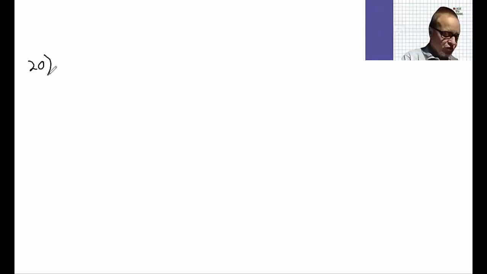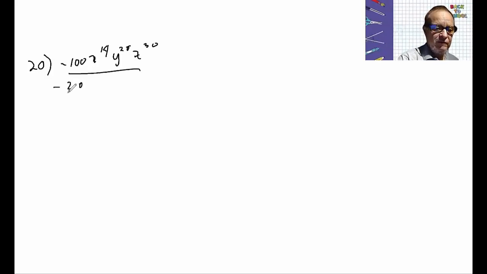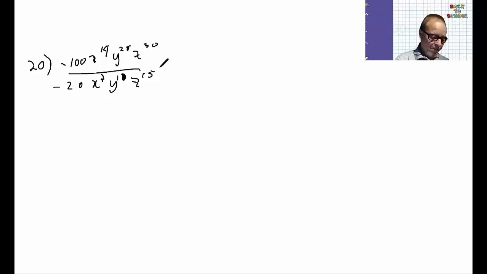In example number 20, I have negative 100 x to the 14, y to the 20, z to the 30, over negative 20, x to the 7th, y to the 10th, z to the 15th. And as usual, I'm going to organize it in brackets.